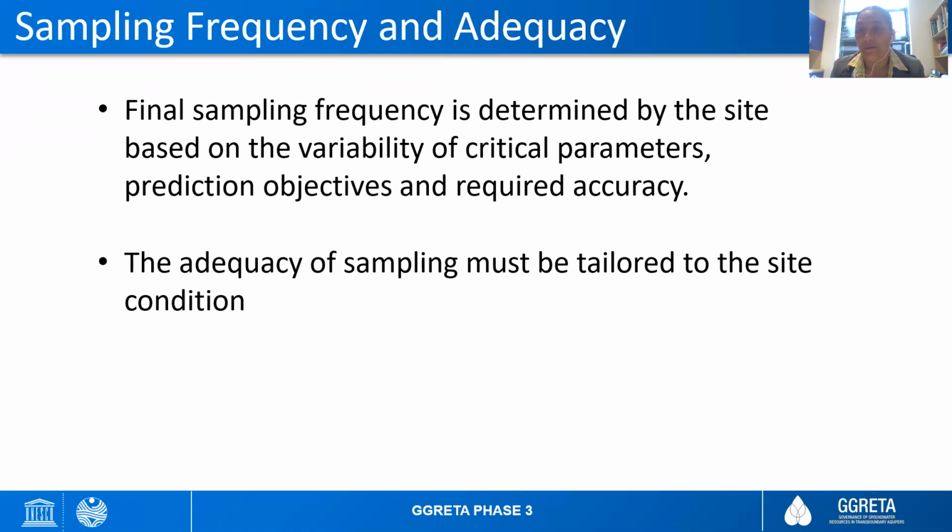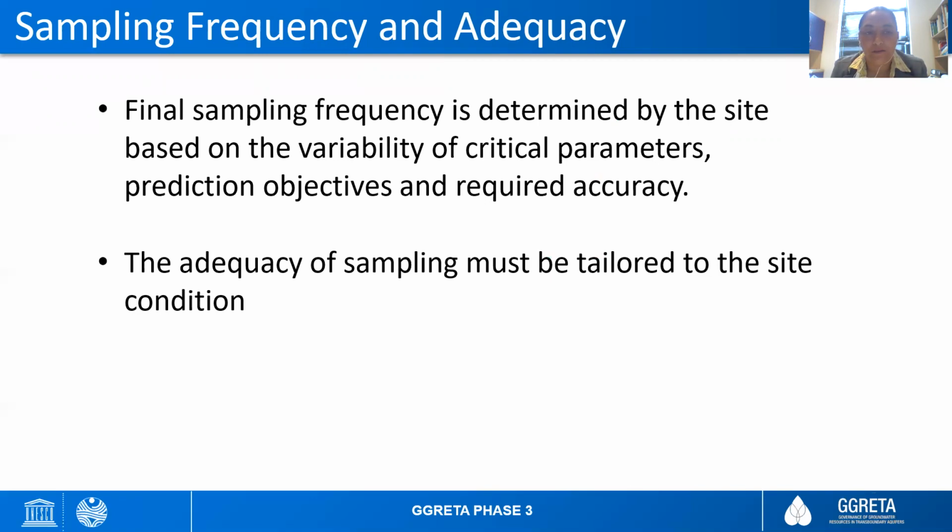Your critical parameters may be those that you want to assess to understand a system, a specific parameter. If you are looking at iron, for example, you would consider whatever information you have for iron, and how variable it is in the environment you are sampling in, to decide on your frequency for that particular parameter, or your frequency for your monitoring.